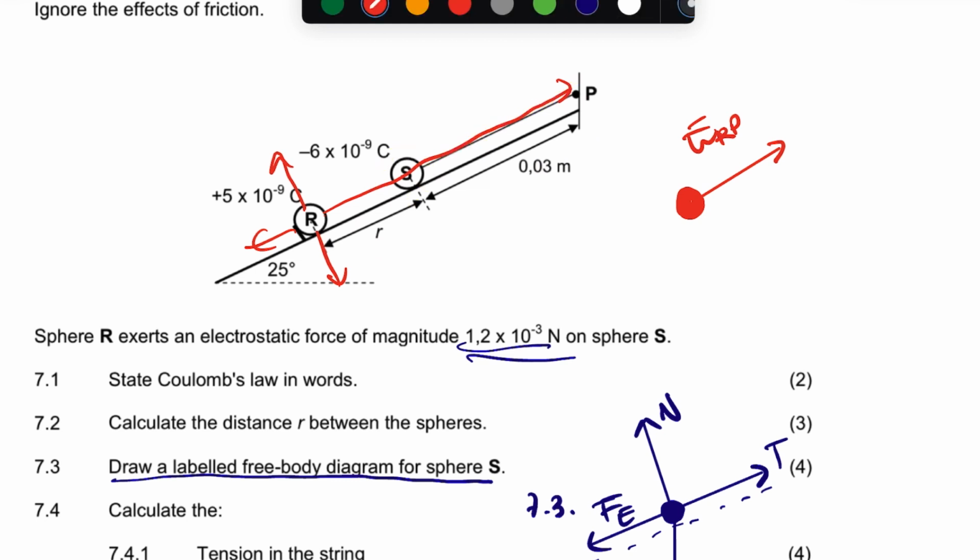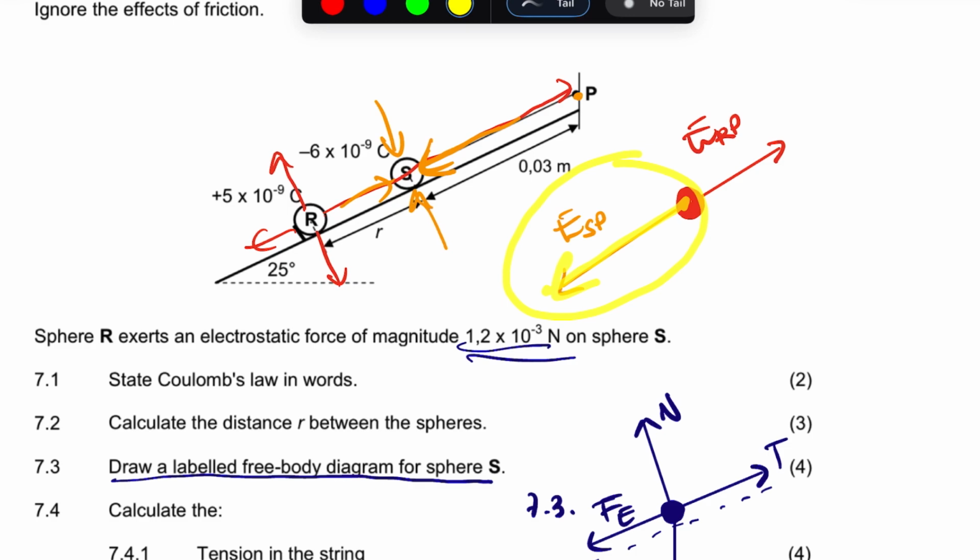Now the electric field lines of S, since S is negative, are going towards S. So the direction of the electric field experienced by P is going to go down the slope, and it's going to be bigger. So it's an electric field of S on P. That means our net electric field is going to go down the slope because the bigger electric field is going down, right?